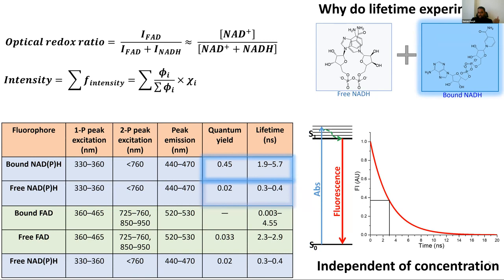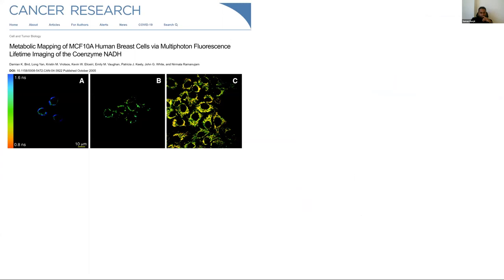The good thing is it's independent of concentration, so you could potentially separate out these species, free and bound NADH, free and bound FAD, and can we use them for optical metabolic imaging? And then you are not dependent on intensity, so you can look at multiple different systems, even though their total intensity is decreasing. You can possibly even increase that by adding more laser power to it.